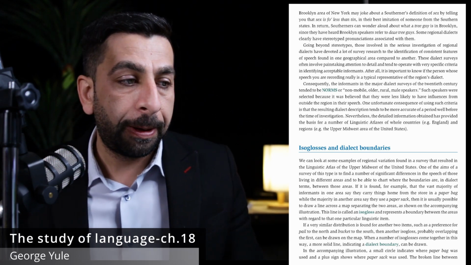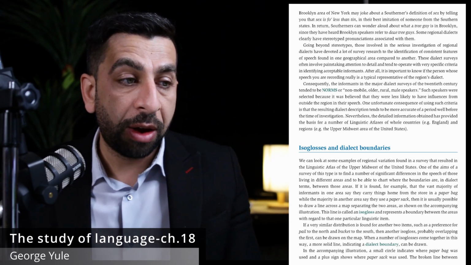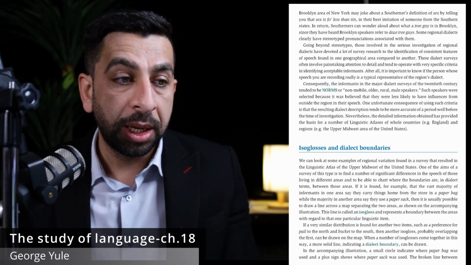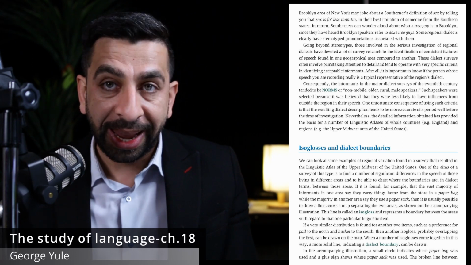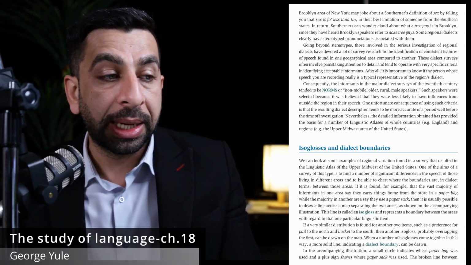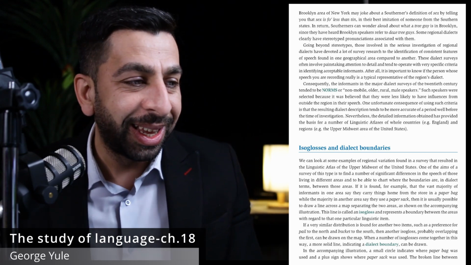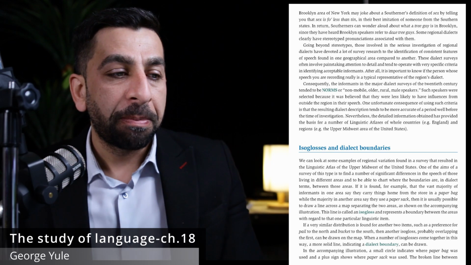It is a very similar distribution that is found for another two terms, which is preference for pail to the north and bucket to the south. Pail سطل and bucket.